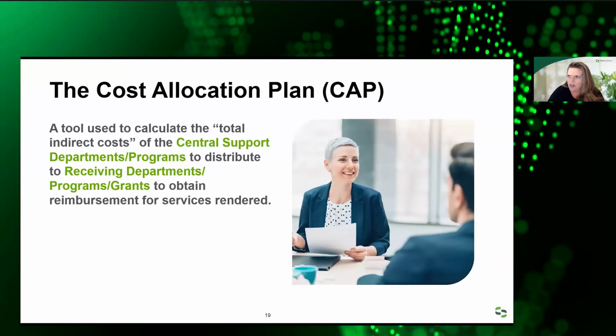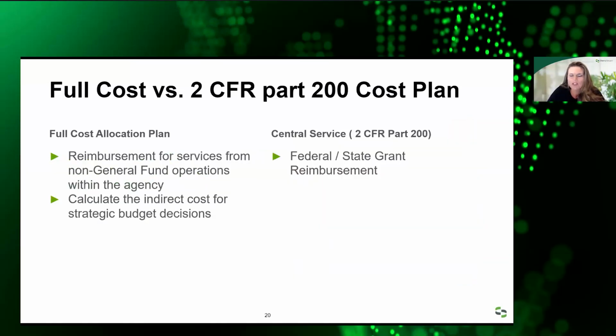So we went through the cost allocation plan and that 30,000-foot view, really understanding what it's costing for every program, regardless of the services being performed. You will hear different kinds of cost plans. There's a full cost plan and a 2 CFR Part 200 plan.